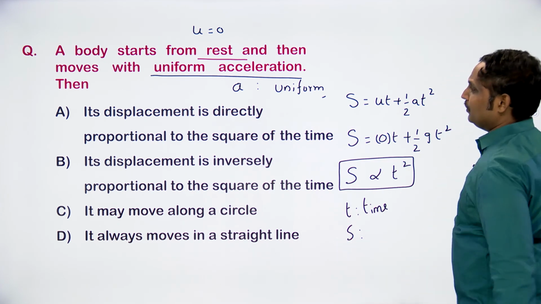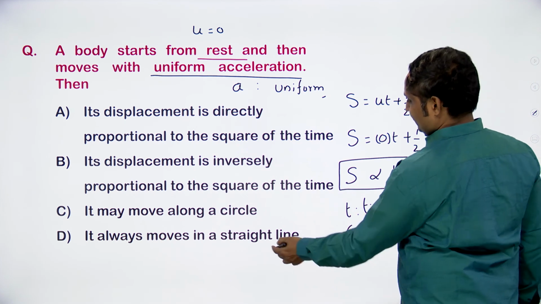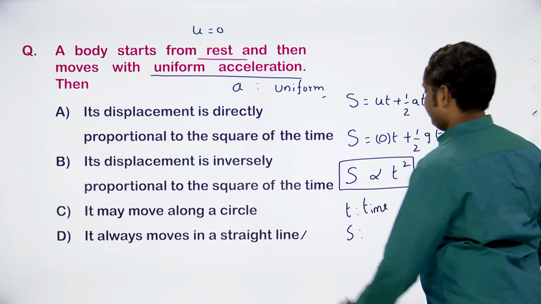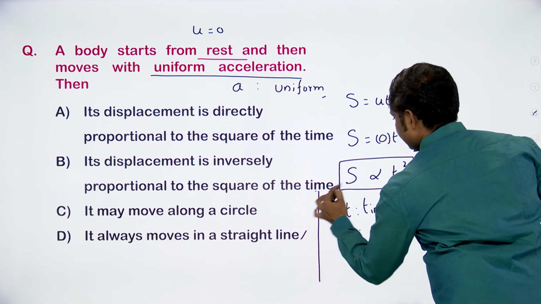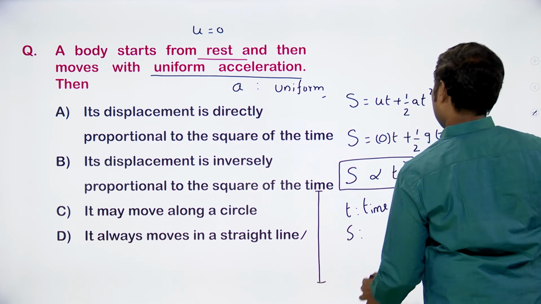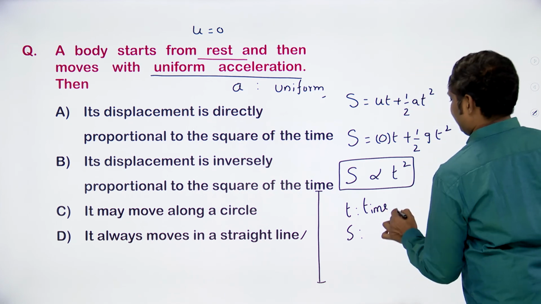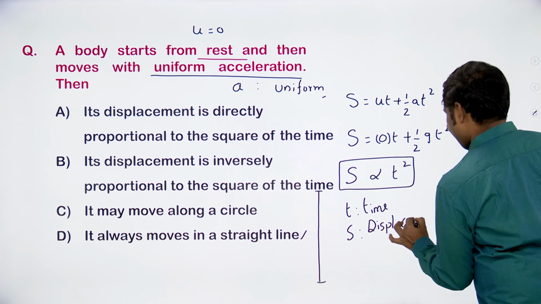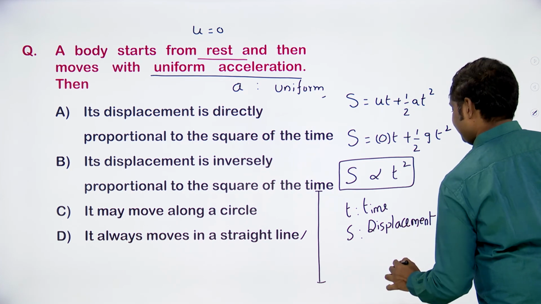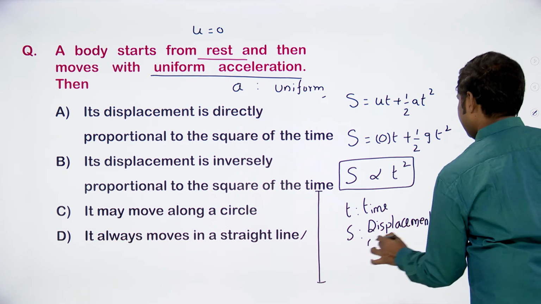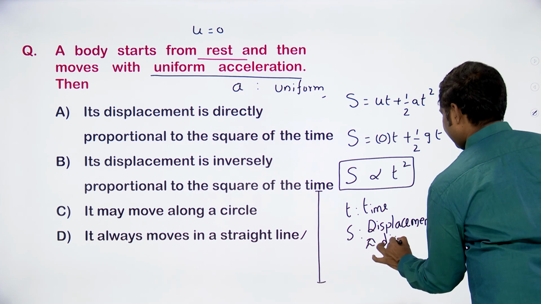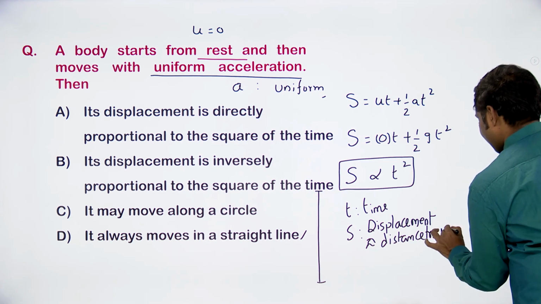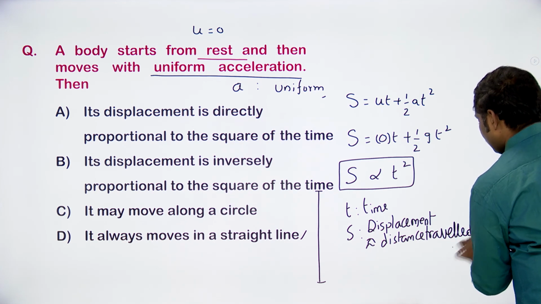In case of 1D, it always moves in a straight line, it is very clear. If it is moving in a straight line, then displacement and distance travelled are going to be equal.